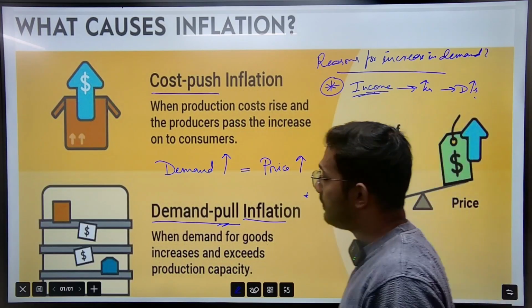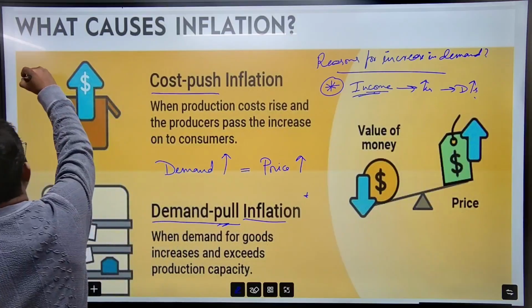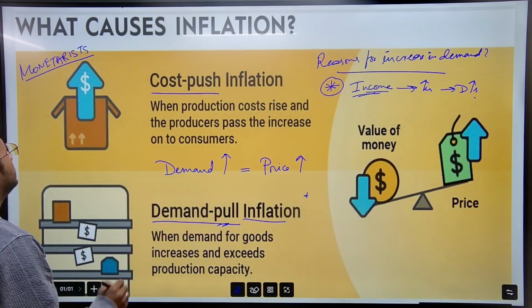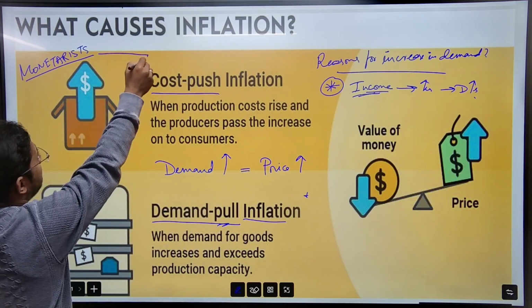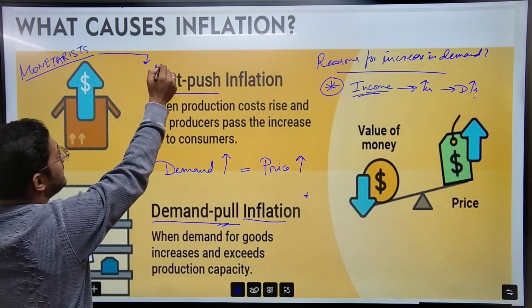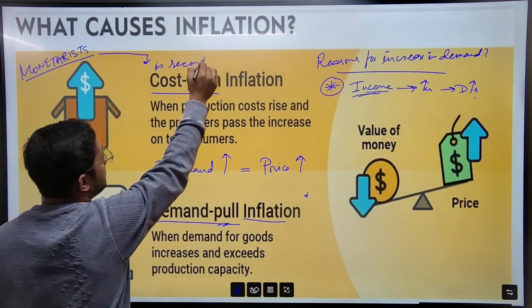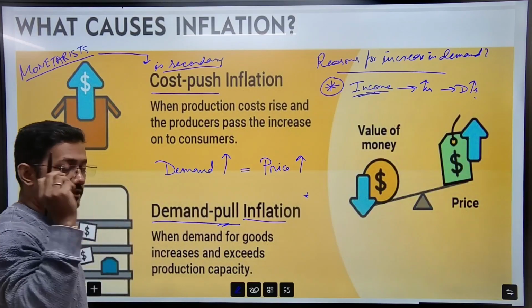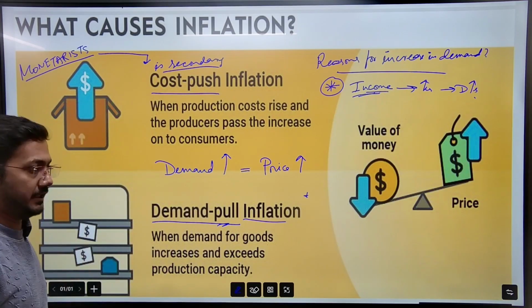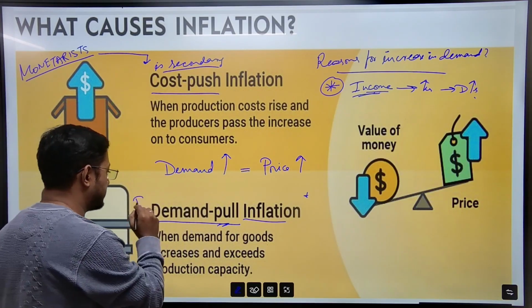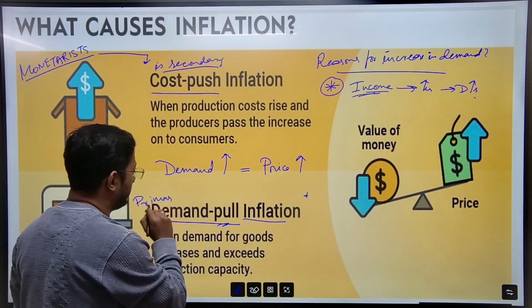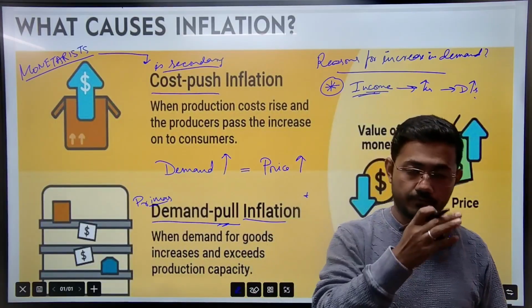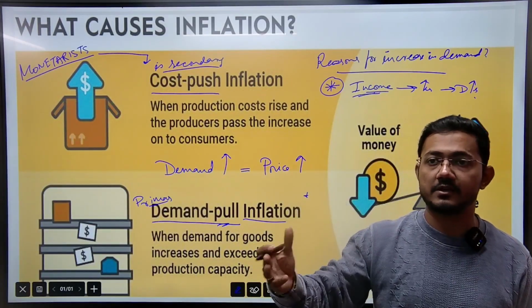Now, some economists, particularly the monetarists, say that cost push inflation is secondary. The primary thing is demand pull inflation, because in cost push inflation we have seen that the rise in the price of raw material increases the price of the final product.